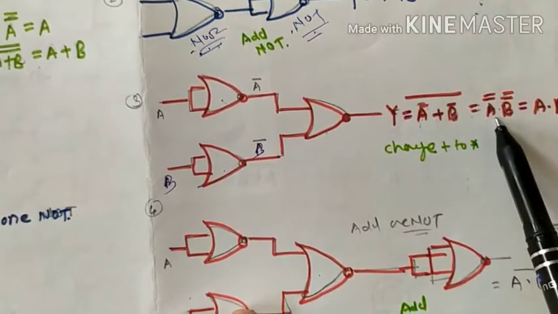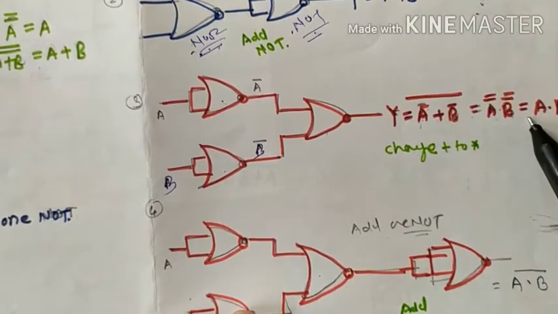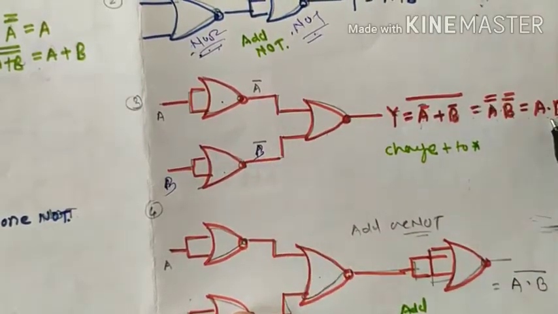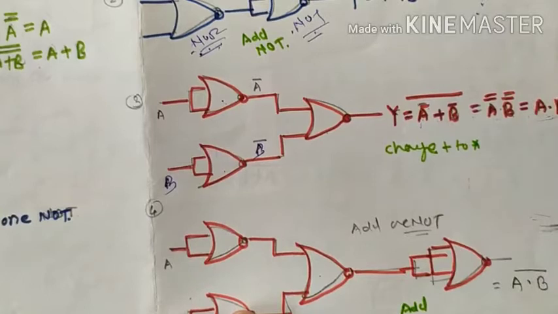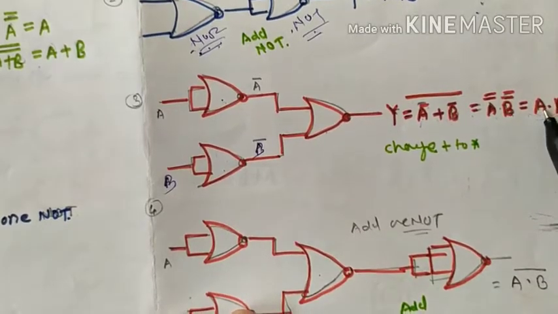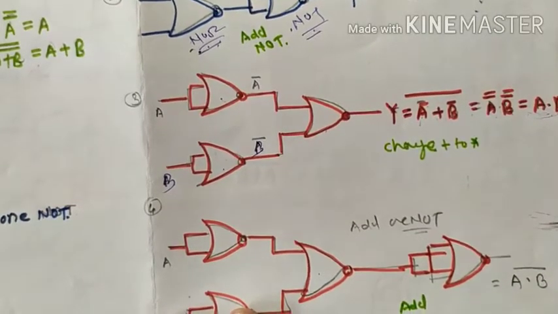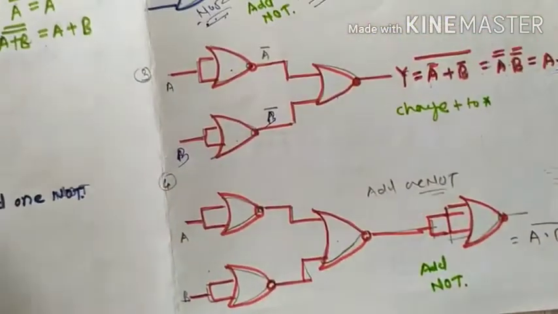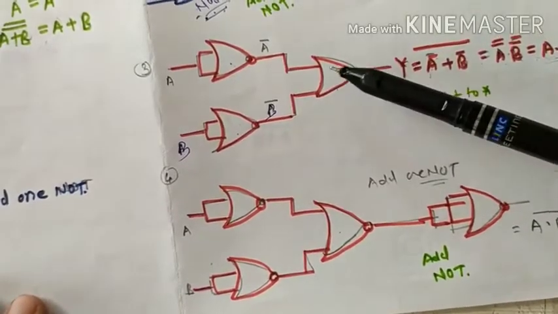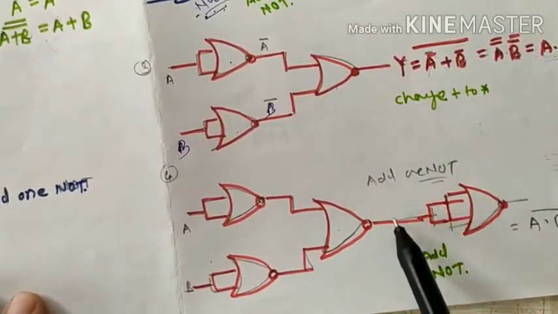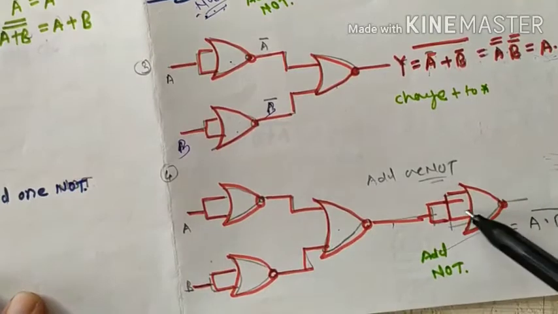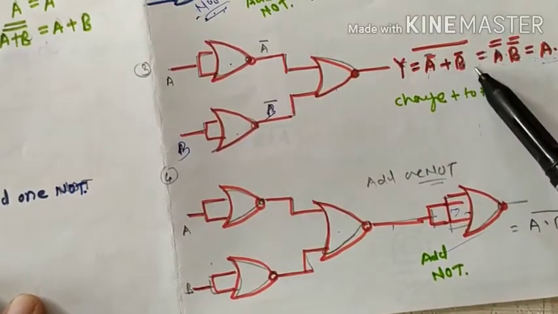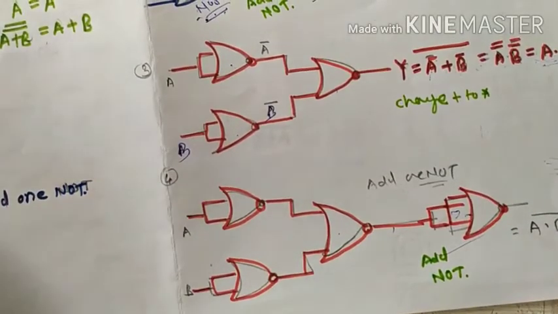We write it as A double bar into B double bar, which is A into B. So we are converting our NOR gate into an AND gate. Whatever we get at the output, we just implement one NOT gate again. The difference between these two diagrams is that up to this stage the diagrams are the same, and we are just putting one NOT gate. After we connect one NOT gate to the output of this OR gate, it will act as a NOR gate.